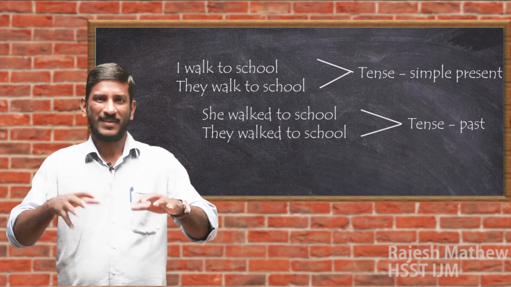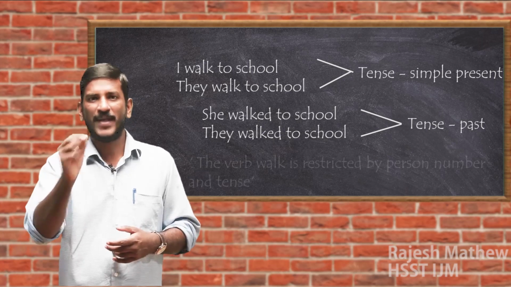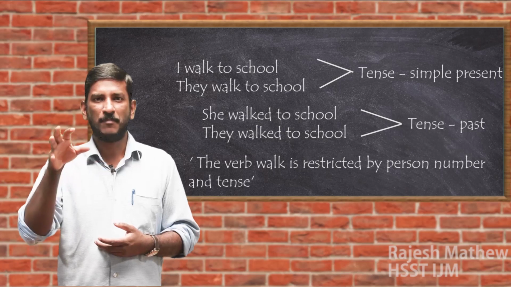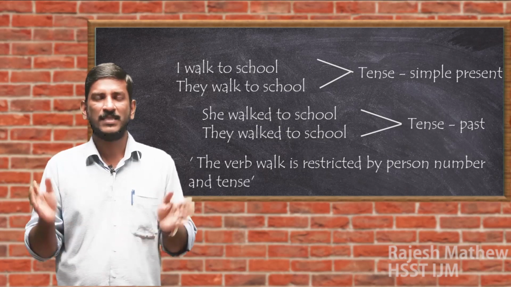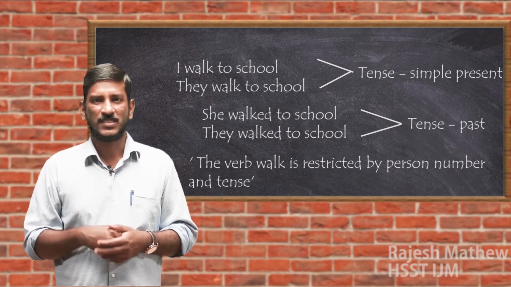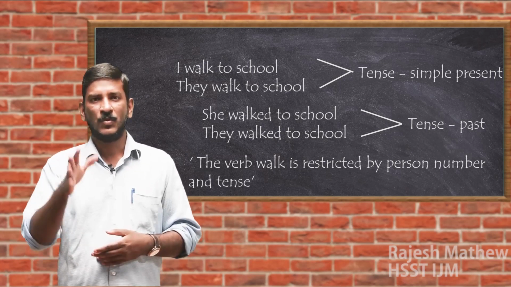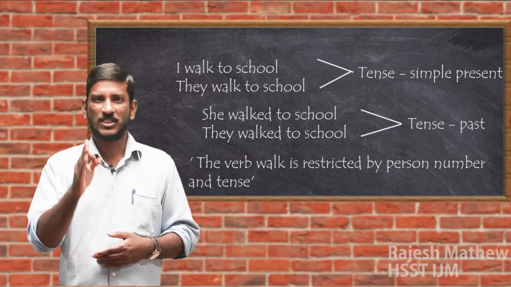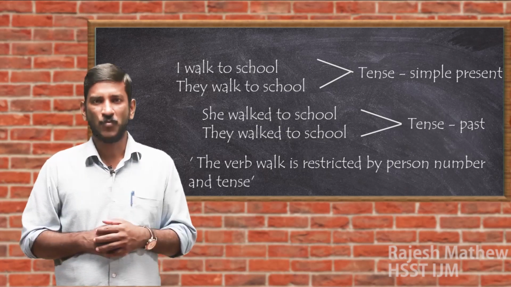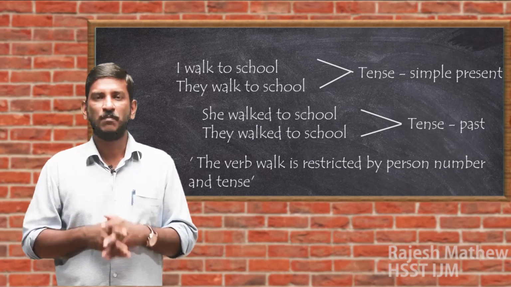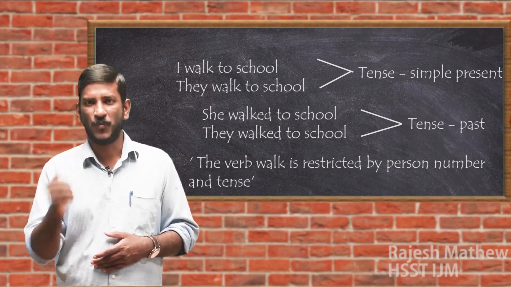So we realized that a finite verb is restricted by the number and person of the subject and the tense of the sentence. Such verbs are called finite verbs. So, in a phrase, there should not be a finite verb. But in a clause, there should be a finite verb.